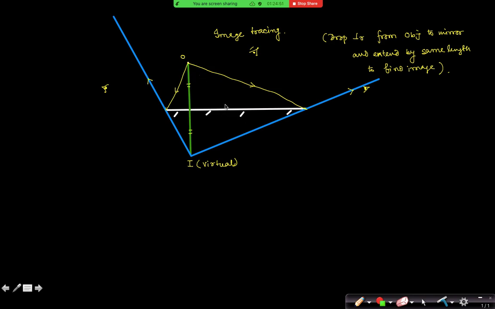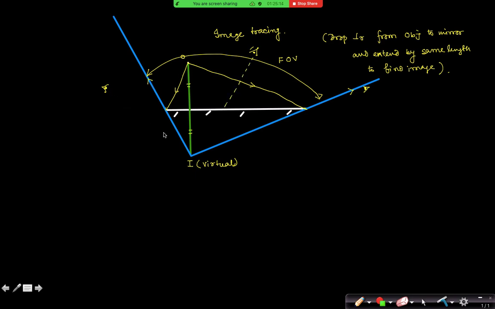So these limiting rays actually form this field of view. This is the field of view. If you place your eye anywhere in between those limiting rays, you can see the image. Suppose this eye, how can this eye see the image?